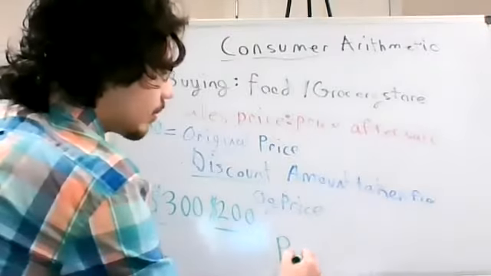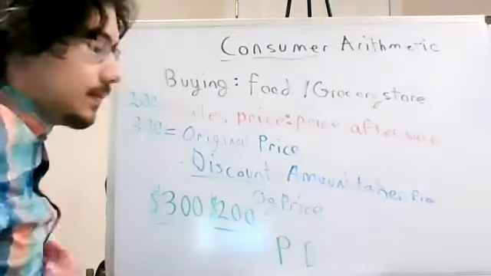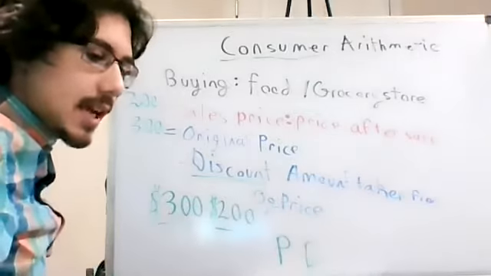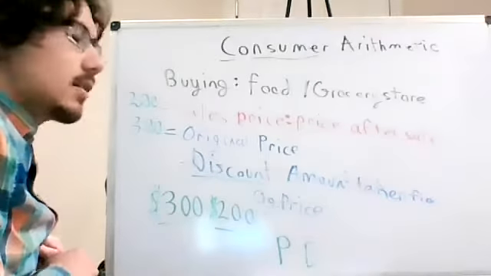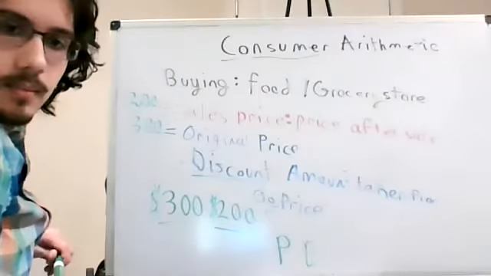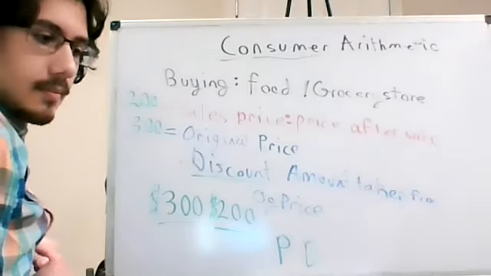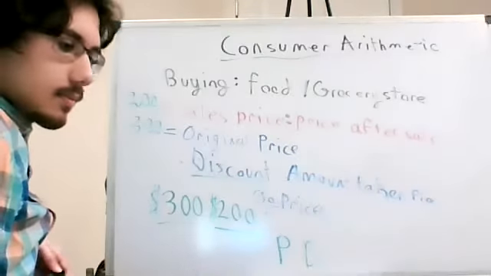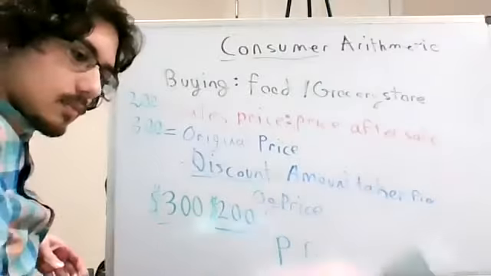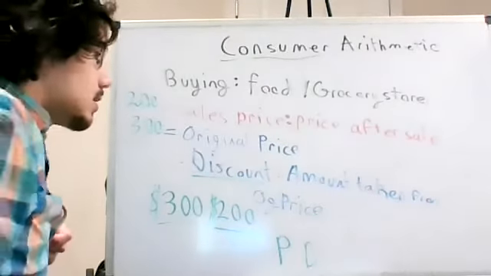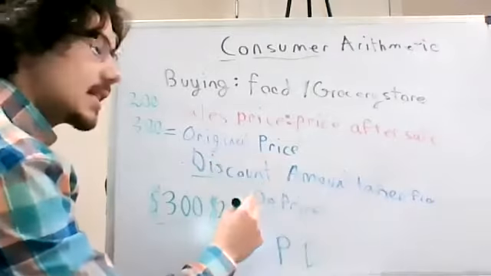Remember the last example, it was $200 for milk and the discount was 10%. How did we find the sales price? We found 10% of 200. So that was to find the discount.